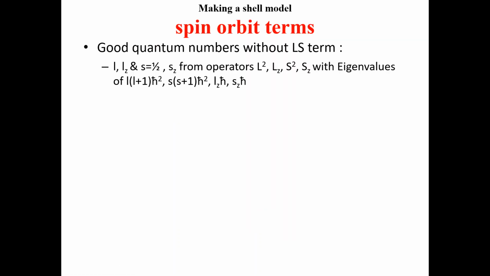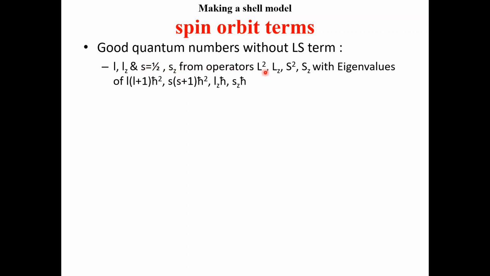So what we have to do next: if you are expert in quantum mechanics, you have studied that a good quantum number without the L·S term, that is, we have to utilize l, lz. These are the quantum numbers for the angular momentum, and spin s is equal to 1 by 2, with the z component of the spin.